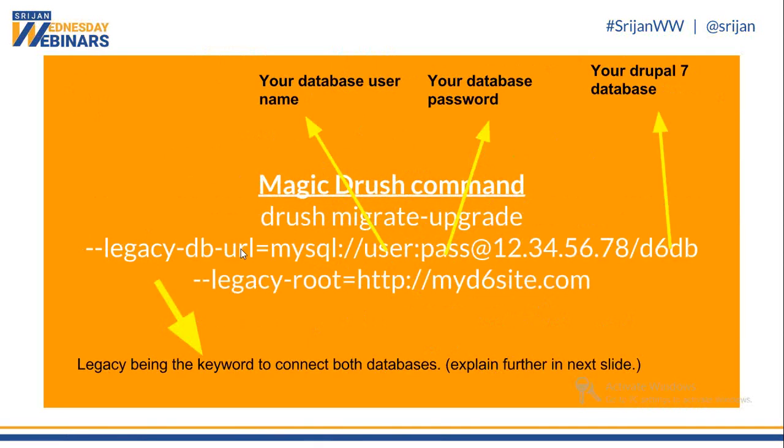So this is the term legacy-db-url and your MySQL credentials, your database username, and then your password. And here is your Drupal 7 database name. So here is your MySQL root admin password, and here is your Drupal 7 database name.